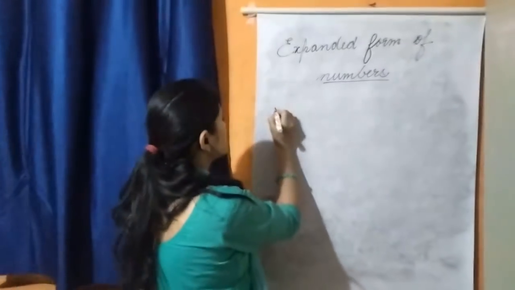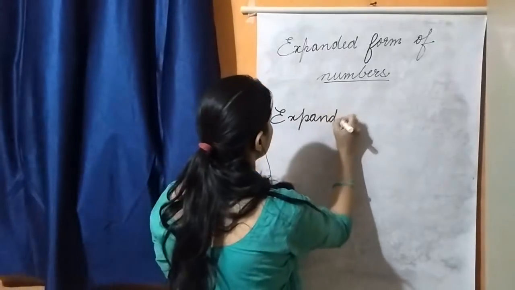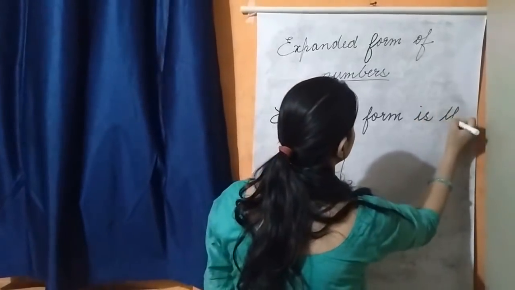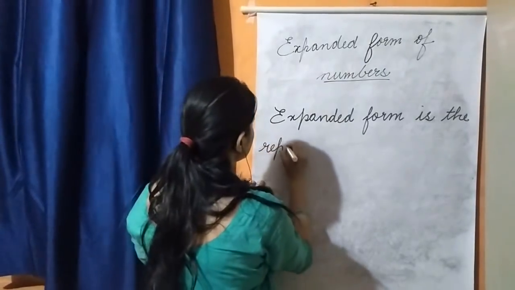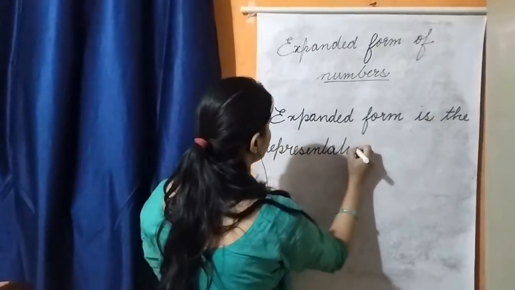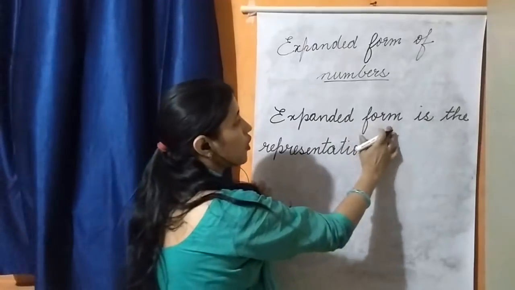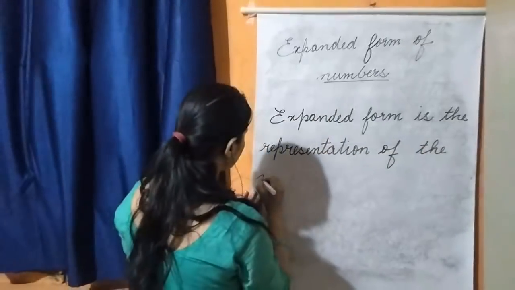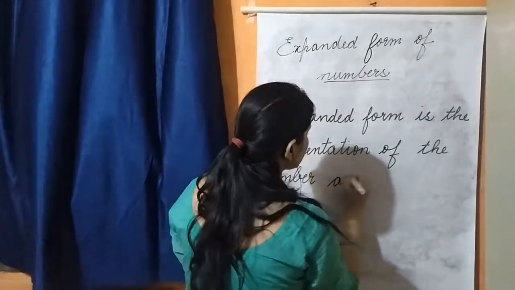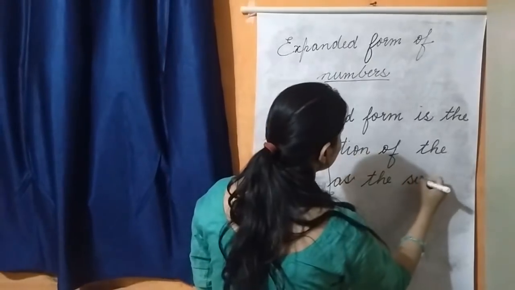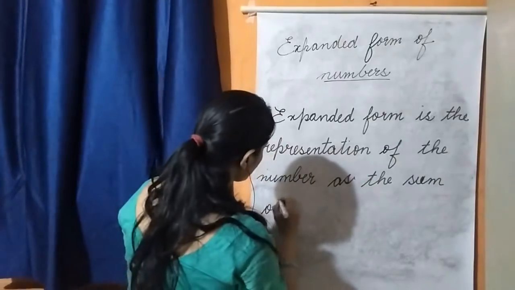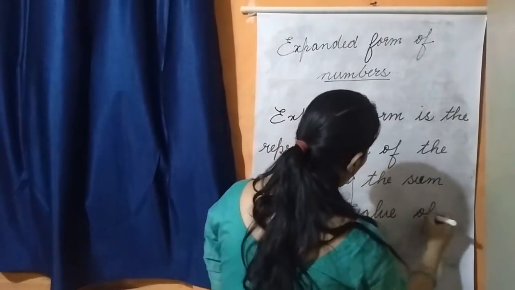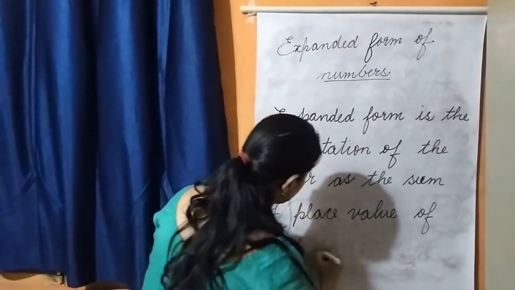Expanded form. Write this definition in the copy, students. Expanded form is the representation of the number as the sum of place value of each digit.